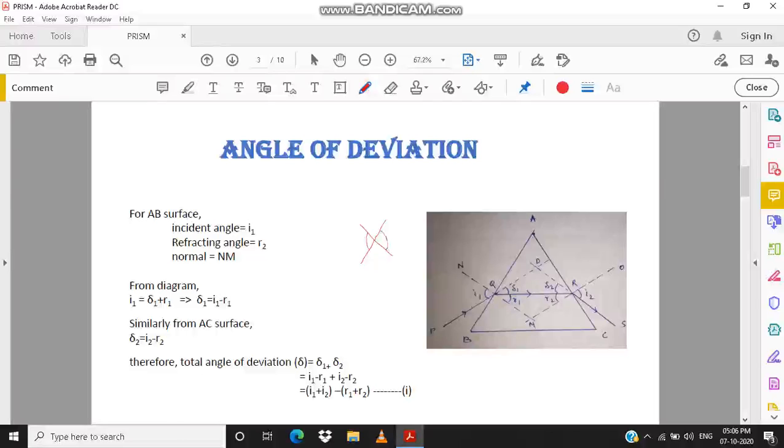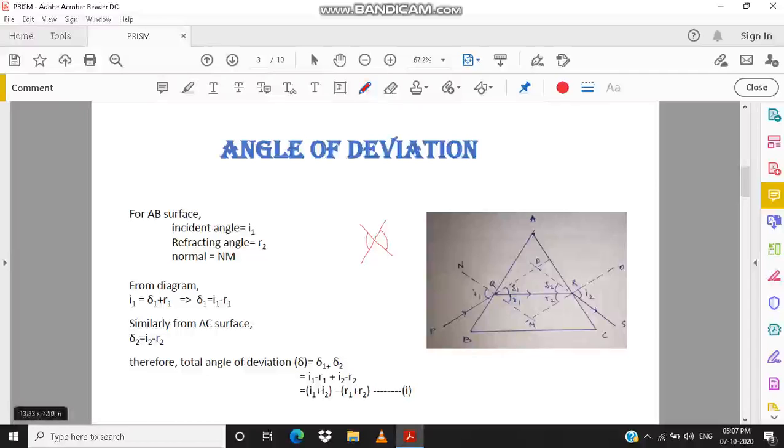Similarly, for the AC surface, I2 is equal to del 2 plus R2. So we write it down over here: I1 is equal to del 1 plus R1, so del 1 is equal to I1 minus R1. We maintain it properly because we will be finding the angle of deviation, that is why we are keeping it on the left hand side of the equal sign. Similarly, for the AC surface, we get del 2 is equal to I2 minus R2.